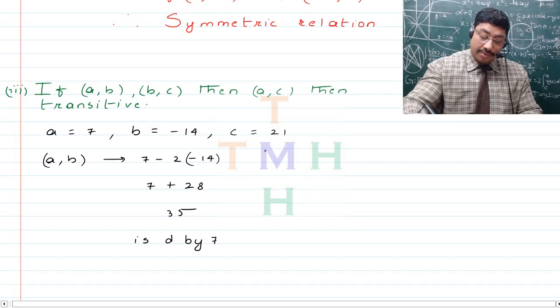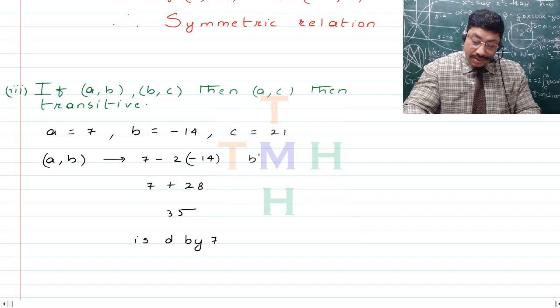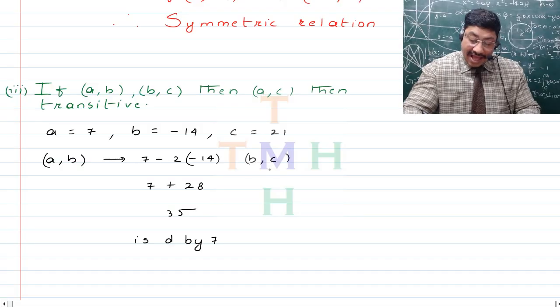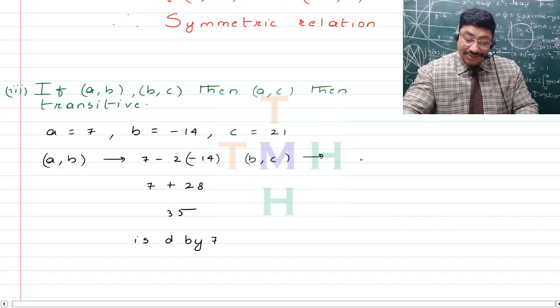Now we talk about the next one, which is (b, c). For (b, c) we have b minus 2c, that is minus 14 minus 2 times 21, which is c.